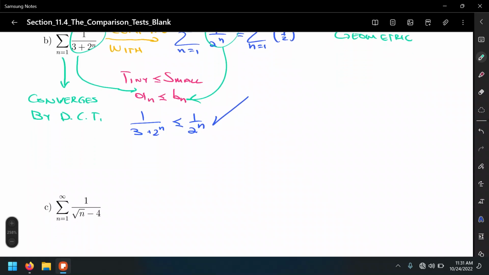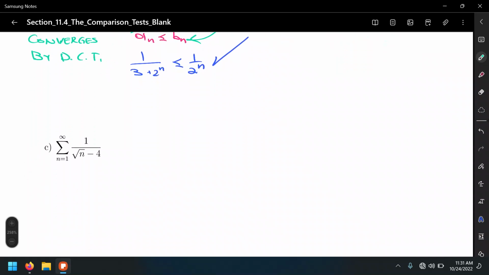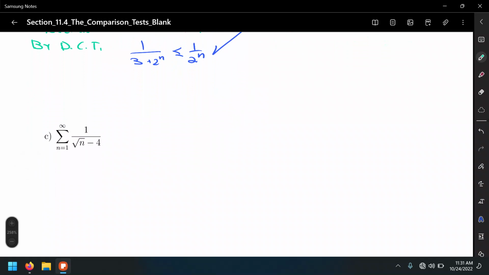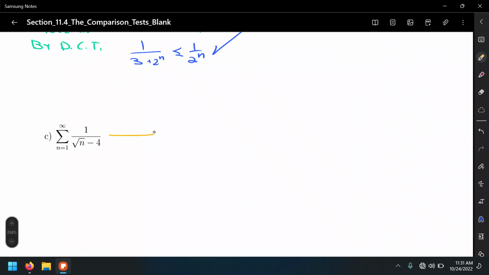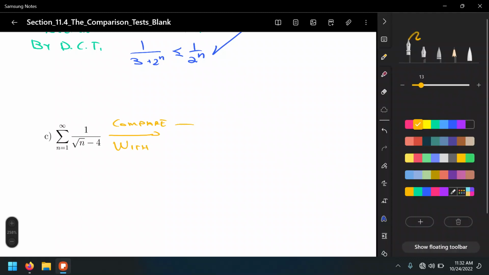So what do we have over here? We have the sum from n equals 1 to infinity of 1 over the square root of n minus 4. Let's see if we can come up with something simpler than this. So compare with the sum from n equals 1 to infinity of 1 over the square root of n.